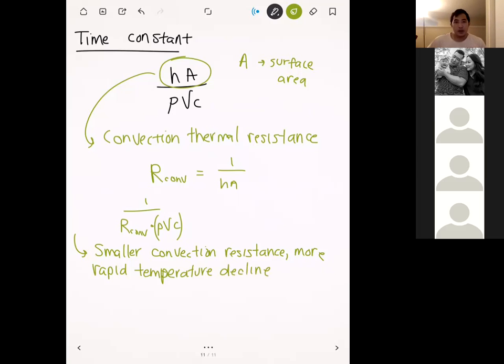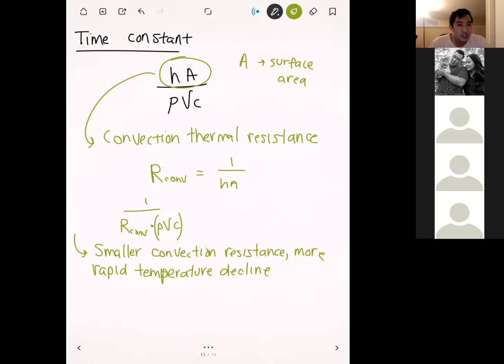Okay. And so basically the less resistance that convection gives you, the faster the temperature is going to go down, okay? And conceptually this makes sense, right? When you have lower resistance, more heat transfer is going to occur. It's just like a circuit: the less resistance you have, the easier things flow.